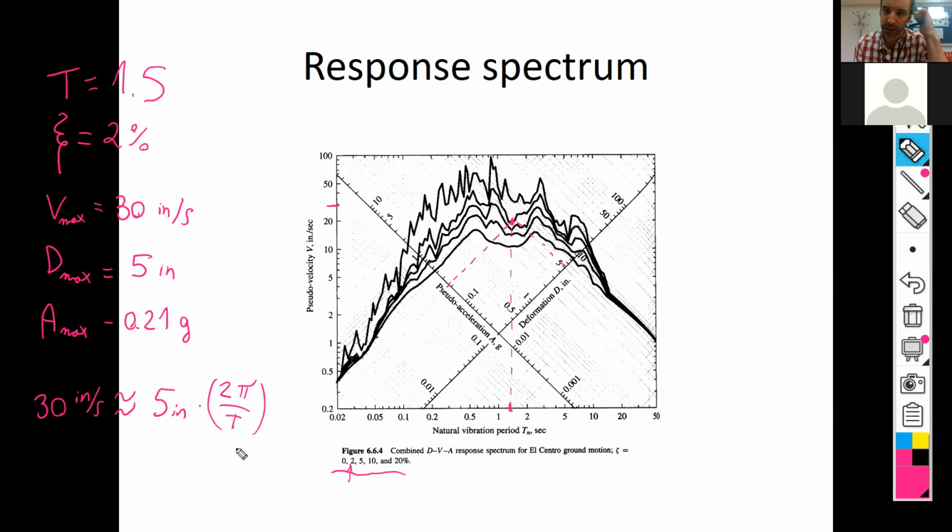Okay, so this plot, again, this is the actual response for an earthquake. Amax is ground acceleration. No, Amax is the maximum acceleration experienced by the structure. Okay, so what we're calculating here is the maximum displacement, the maximum velocity, and the maximum acceleration experienced by the mass of the structure.